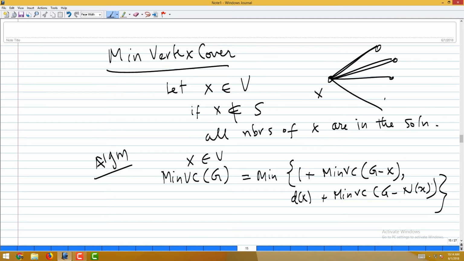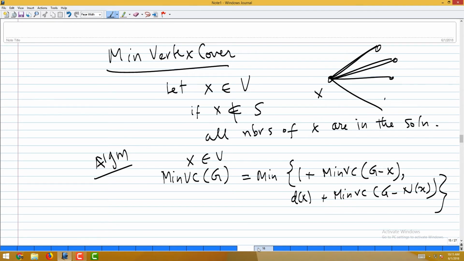Now, if I implement this as a branching algorithm, let us see how it will happen. It is a recursive algorithm, you can write it the way we wrote for SAT. Pick any x, delete it, recursively find the minimum vertex cover in G minus x, which gives you some number.